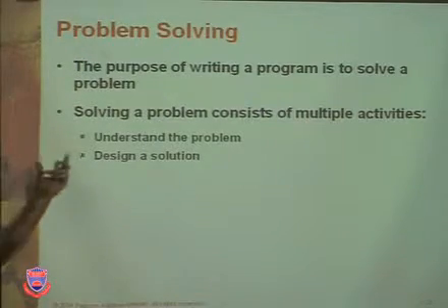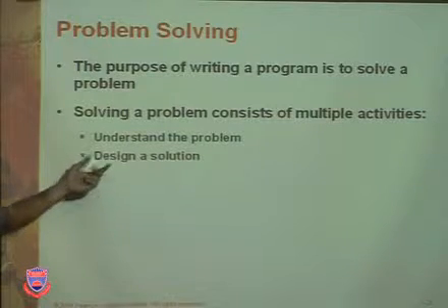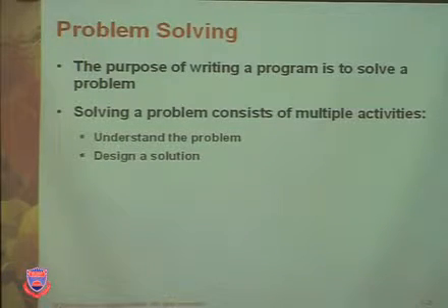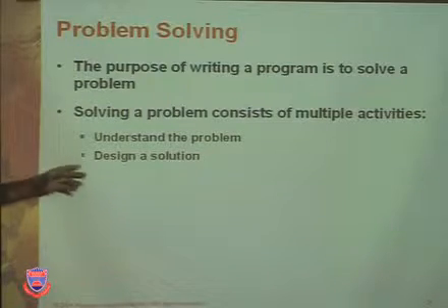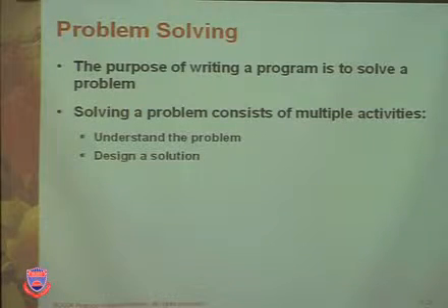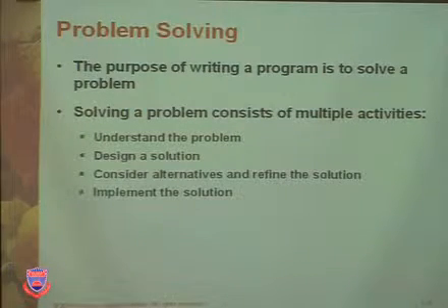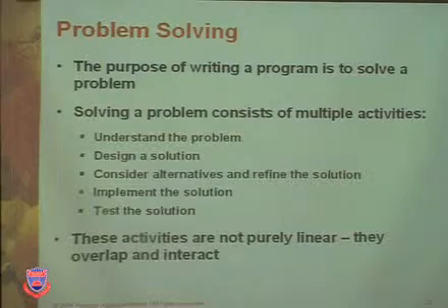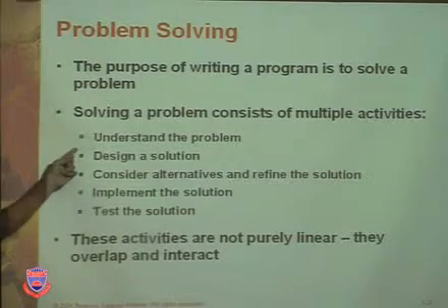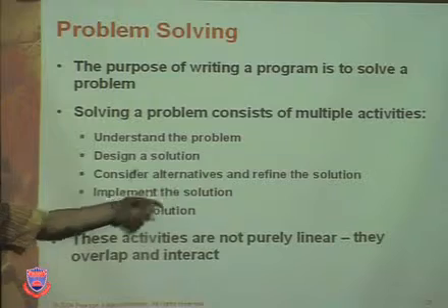In order to solve this problem, the steps are: you need to first understand the problem in real detail, understand what you're actually tackling, and design a solution based on that. If you don't know the problem well, you won't be able to design a good solution. Once you understand, the next thing is to design a solution and consider all alternatives.